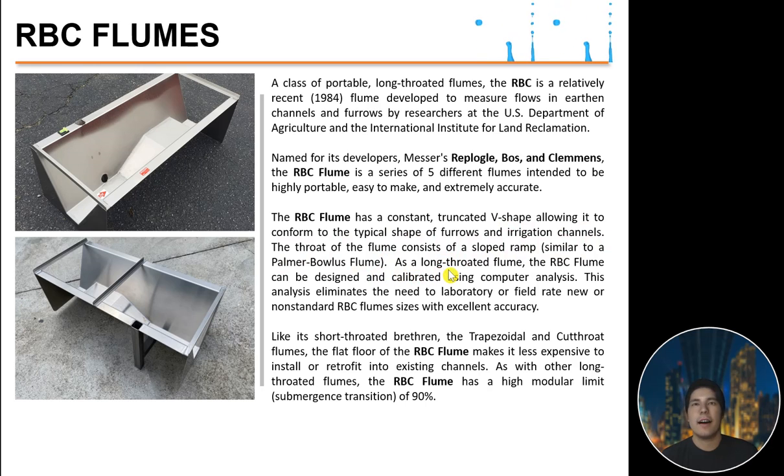As a long-throated flume, the RBC flume can be designed and calibrated using computer analysis. So this analysis eliminates the need to laboratory or field rate new or non-standard RBC flume sizes with excellent accuracy. Like its short-throated brethren, the trapezoidal and cutthroat flumes, the flat floor of the RBC flume makes it less expensive to install or retrofit into existing channels.